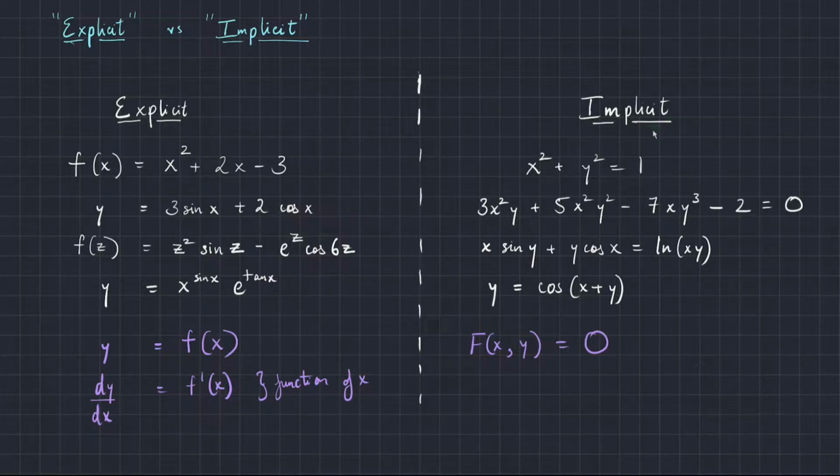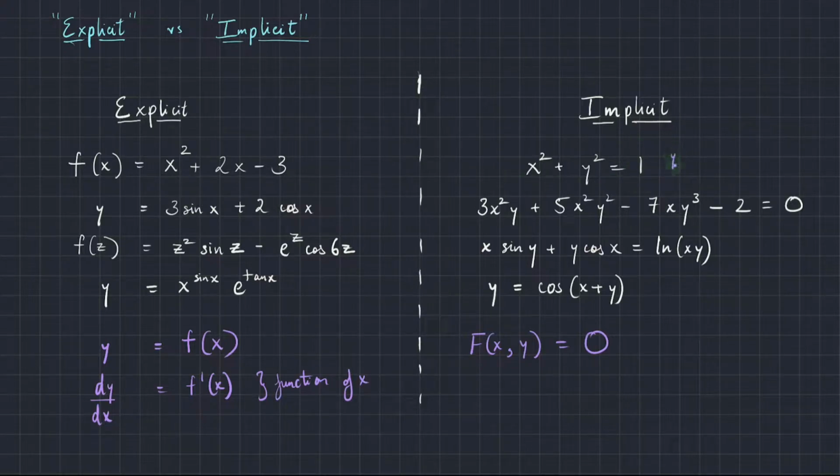Now in the case of implicit functions, or implicitly defined functions, implicit equations, you don't have y on one side and on the other side you have x. In fact, sometimes it may not even be possible to isolate y on one side and move all the x terms to the other side. For example, in this case, it may be possible.